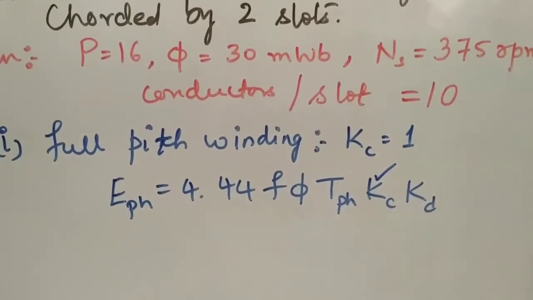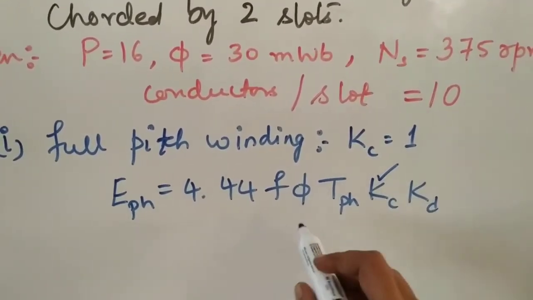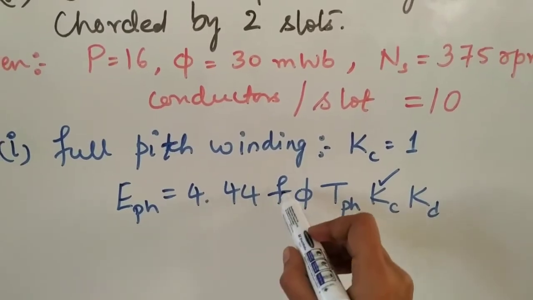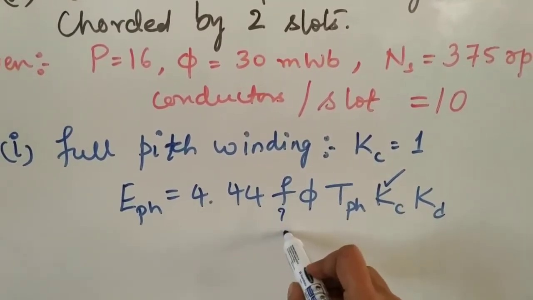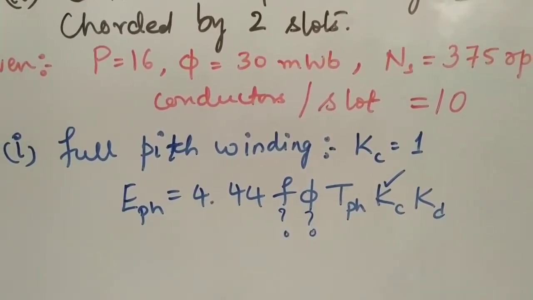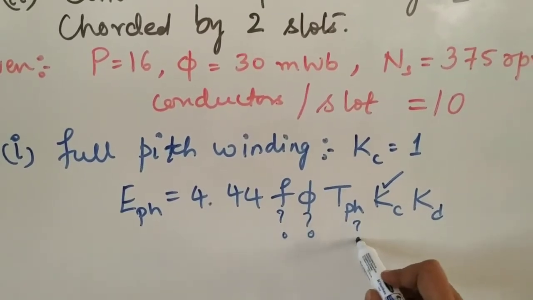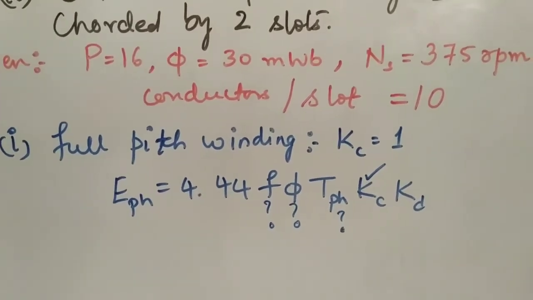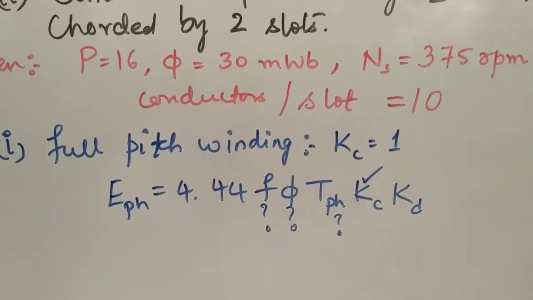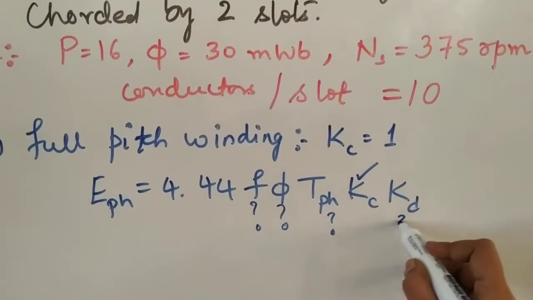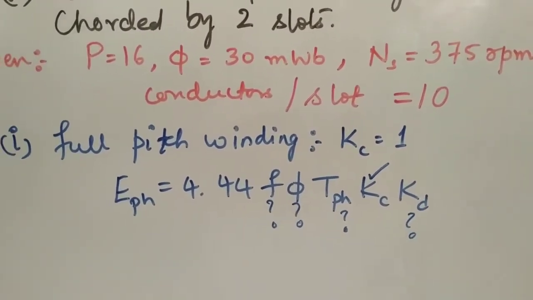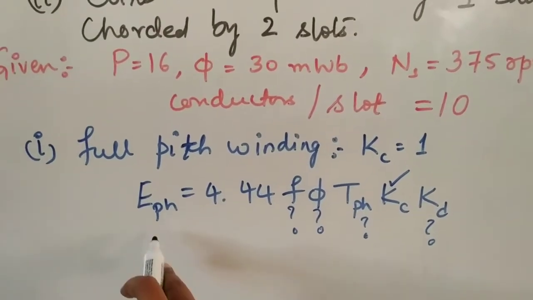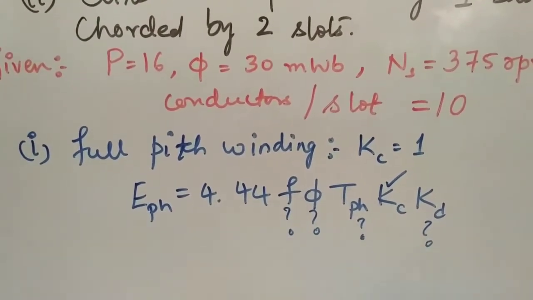So we substitute Kc, and we have to find out the frequency, flux, and the T phase, that is the turns per phase, and also the Kd value, that is the distribution factor. Then only can we solve the EMF of an alternator.